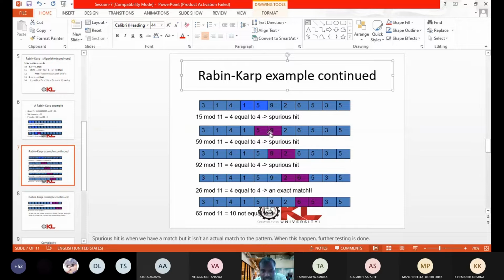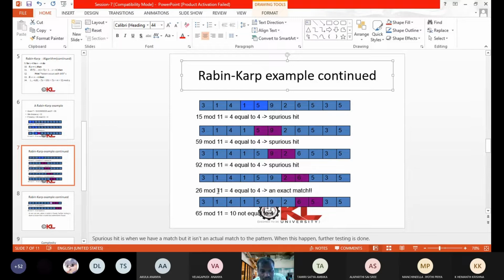The next string is 59. 59 mod 11 is equal to 4. Once again, 59 is not matching with your 26, so just move forward. It is a spurious hit. When you move forward, the next is 92. 92 mod 11 is 4, which is equal to our hash value of the pattern. Once again, a spurious hit is there, so just move forward.